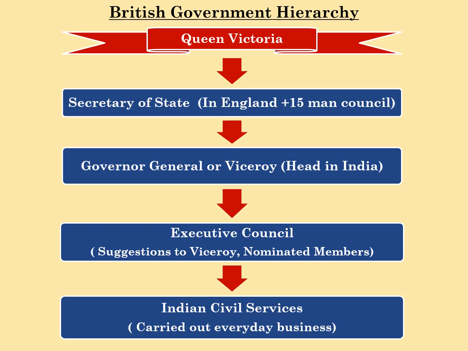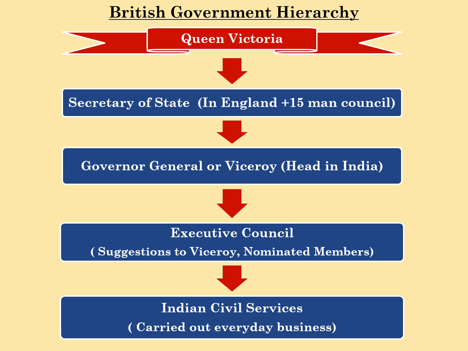Now, the British government hierarchy was that Queen Victoria was the ultimate authority, and under her there was a Secretary of State in England with a 15-man council to look over the matters of the subcontinent.